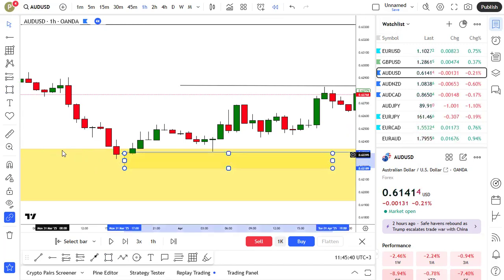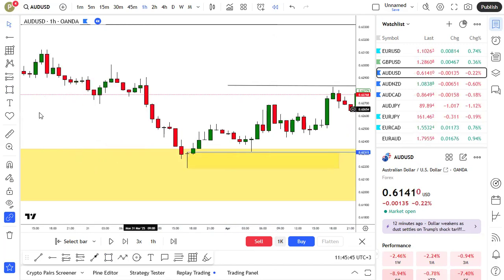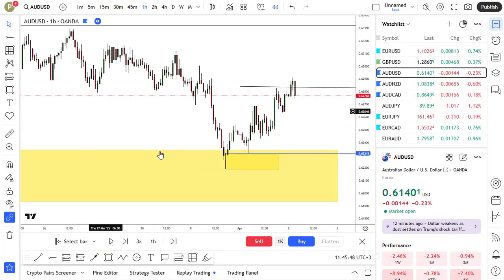So let's delete this. You can clearly see we had a very good expectation that price is going to come down into this bullish order block, and we're going to buy from there because we are bullish on the daily, we are also bullish on the 4-hour, and right now on the hourly time frame we expect price to come down into this.